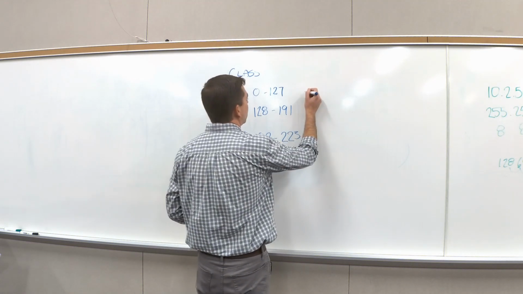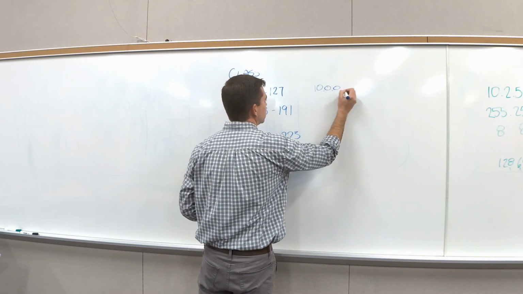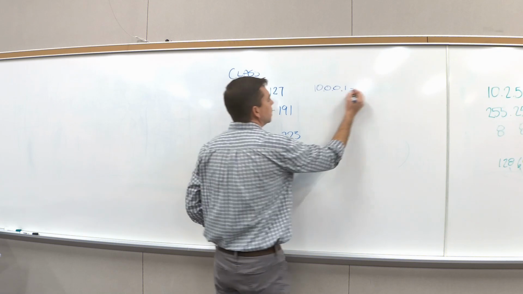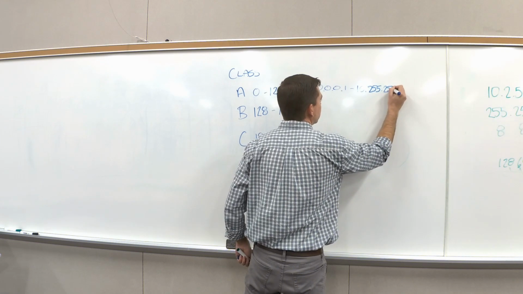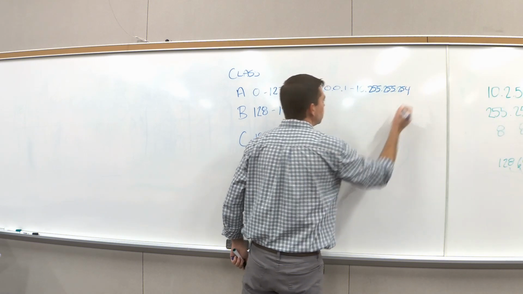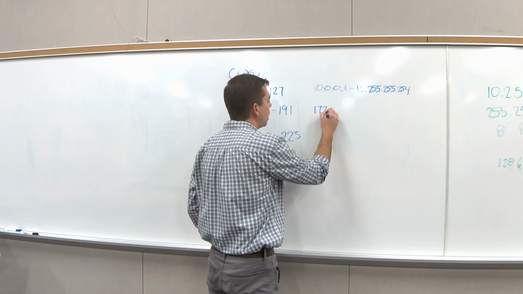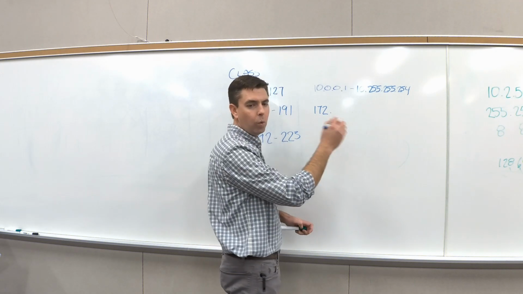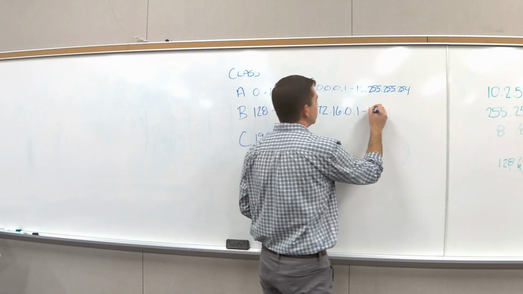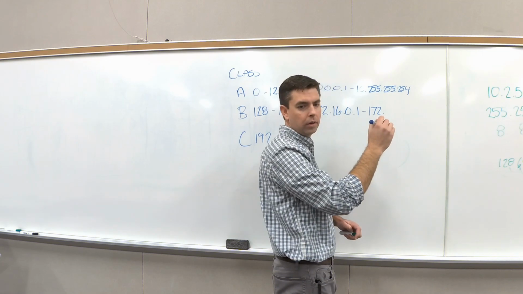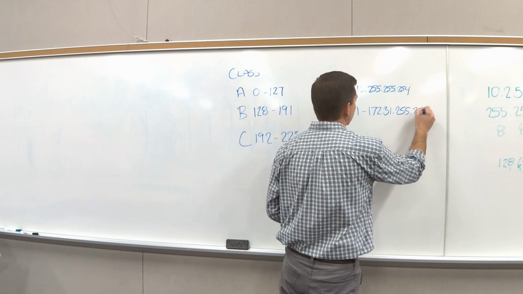And those private ranges are, in Class A, 10.0.0.1 up to 10.255.255.254. And then the Class B range, which is a little odd, is 172.16.0.1 to 172.31.255.254.